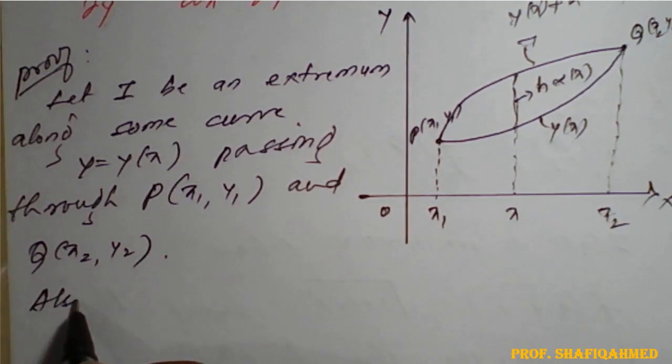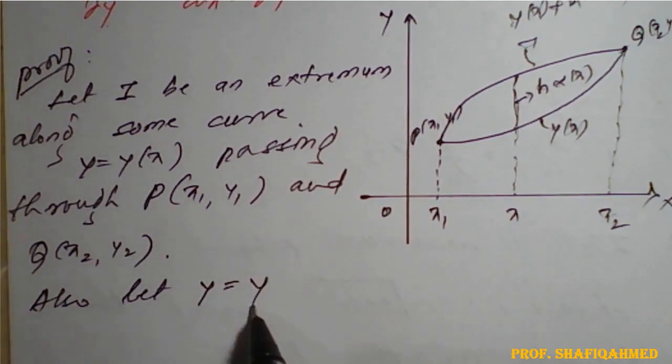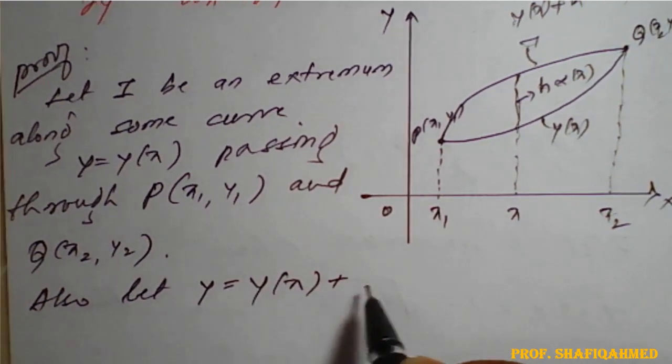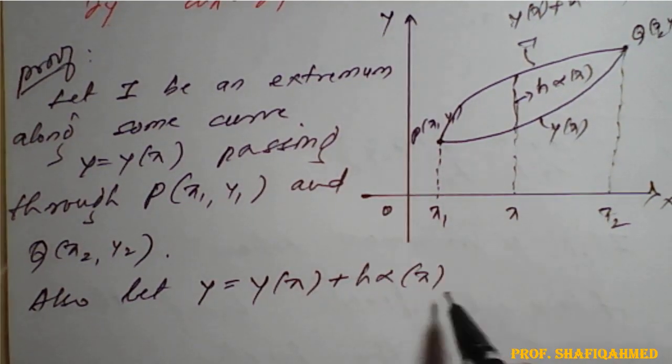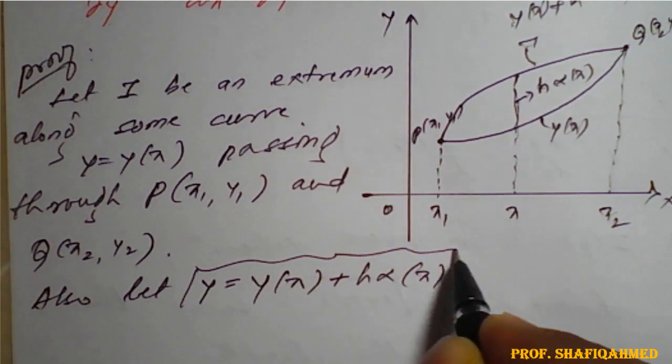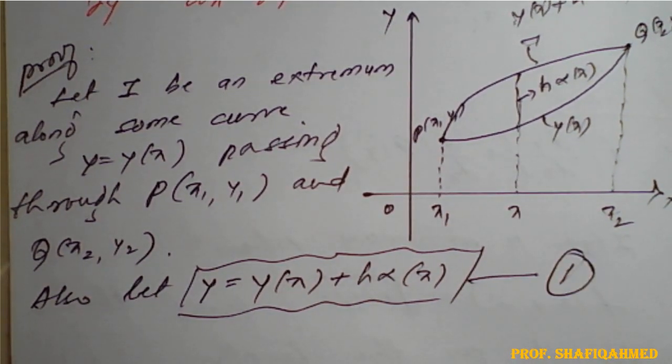Also let y is equal to y of x plus h alpha of x be a curve with a small increment in y. I will give this as equation number 1.